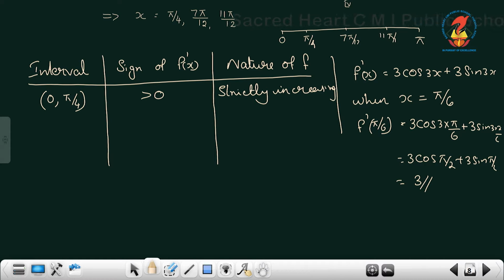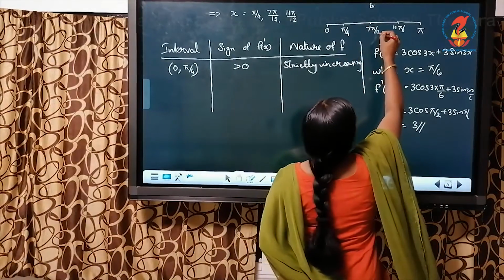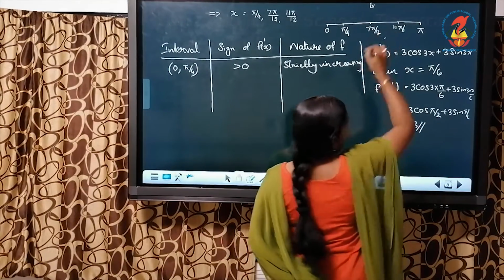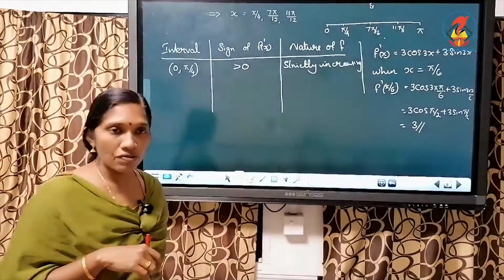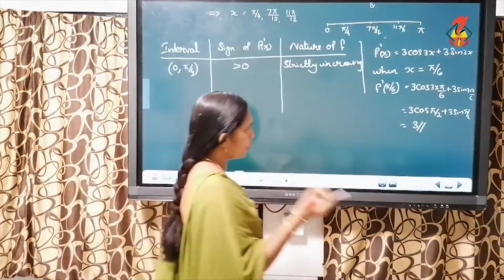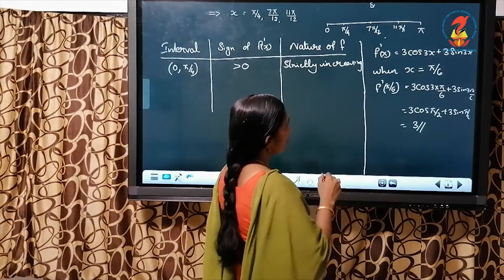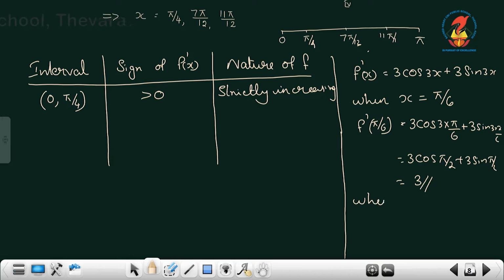Now the next interval, pi by 4 to 7 pi by 12. 7 pi by 12 is 105. Pi by 4 is 45. From 45 to 105, you can take any angle which you know, like 60 or 90. So here I am taking x equal to 60, pi by 3. So what about f dash pi by 3?